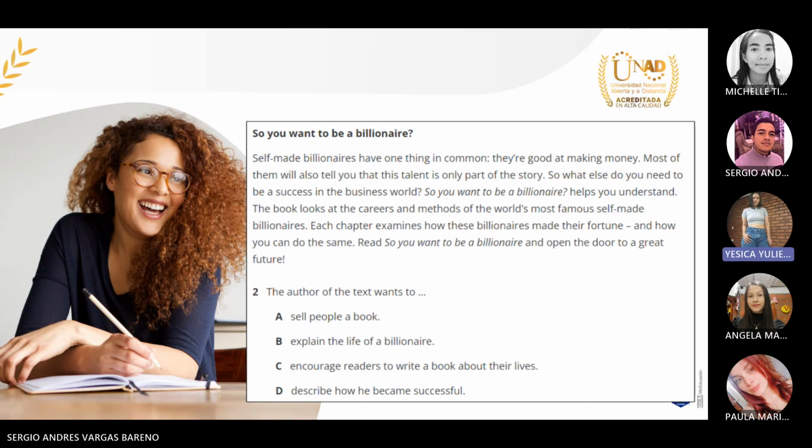The book looks at the careers and methods of the world's most famous self-made billionaires. Each chapter examines how these billionaires made their fortune and how you can do the same. Read So You Want to Be a Billionaire and open the door to a great future.